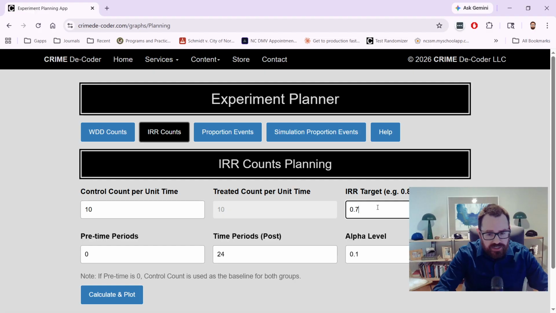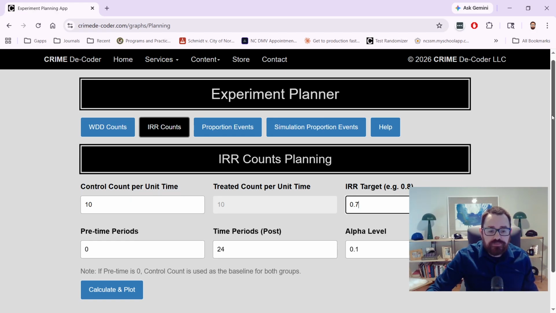And instead of going down to a target of 7 crimes per month, our target here is an incident rate ratio of 0.7. You can consider this pretty similar to a percentage point reduction. If the target is 0.8, that would be like a 20% reduction. If it's 0.7, it's like a 30% reduction, and so on and so forth.